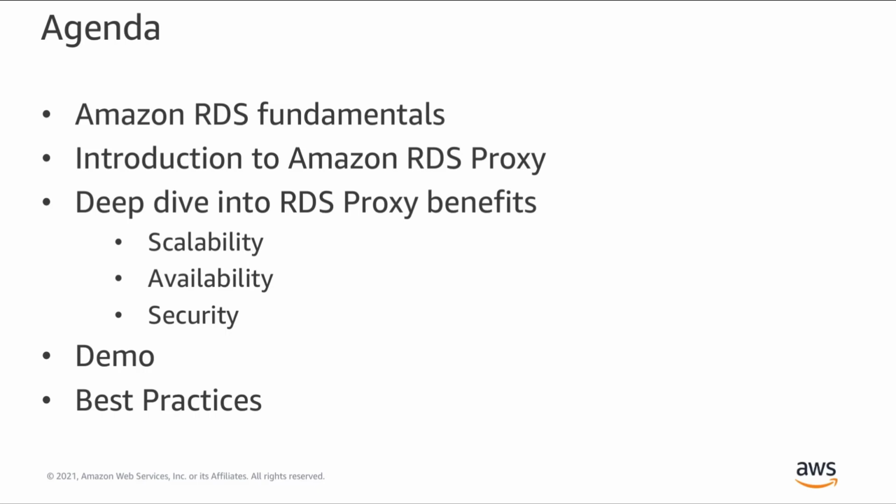I'll show you a demo on how RDS Proxy helps scale your application with minimal impact to the database and how it increases your application availability to database failures. We'll finish off with some of the best practices that we learned from our customers when using RDS Proxy. We have a lot to cover in this session. Without further ado, let's dive in.